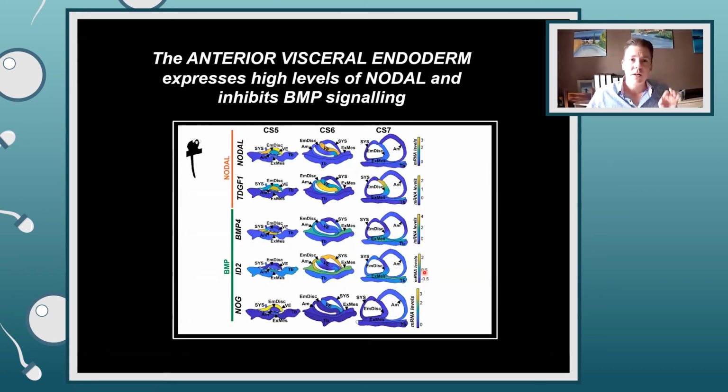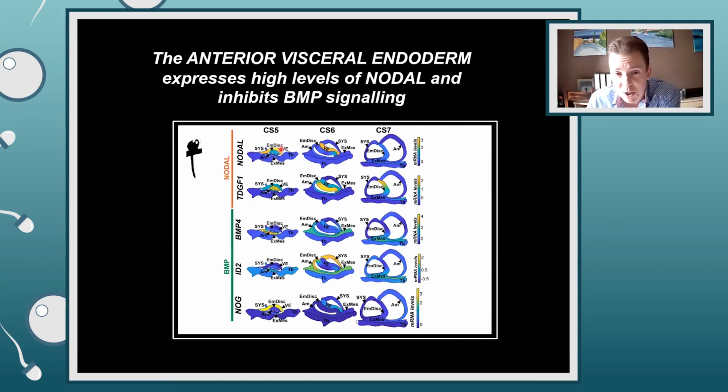And so we looked into the different cross-sections, different stages, signaling pathways. So what stood out to us is that you have the different stages, 5, 6, and 7 here. And this is a cross-section through the 3D model with the gene expression plotted for the genes indicated here.